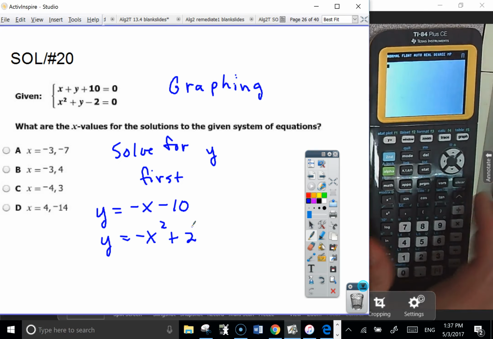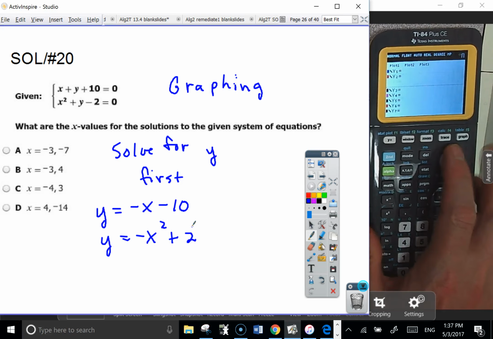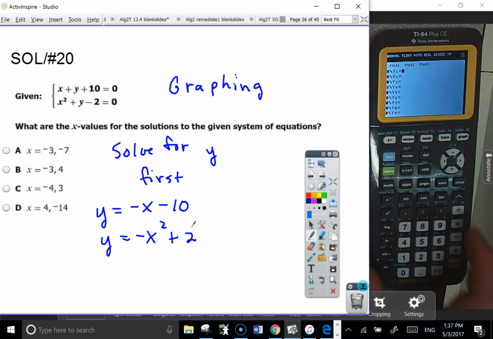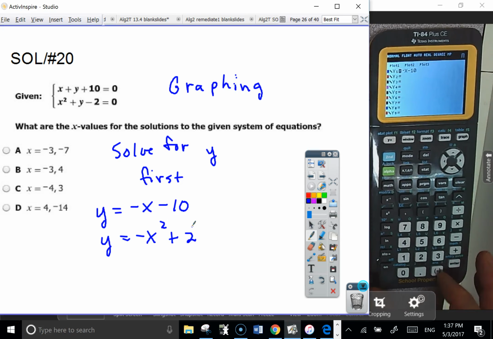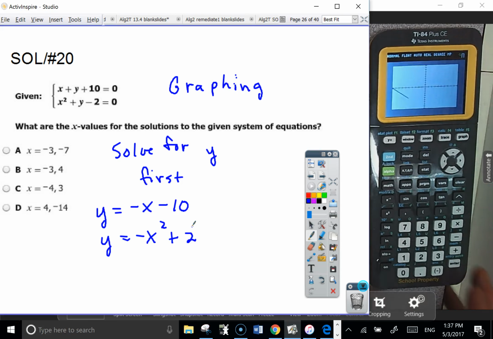Okay, go to y equals, clear, clear. And on the first line, -x minus 10 and -x squared plus 2. And then I look at the graph. And I see one intersection point, and I can tell there's another that's probably just off the screen on the bottom right. Okay, how do I find that first intersection point?